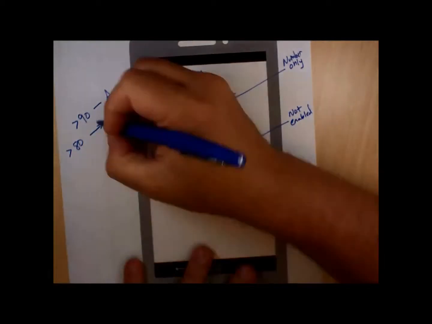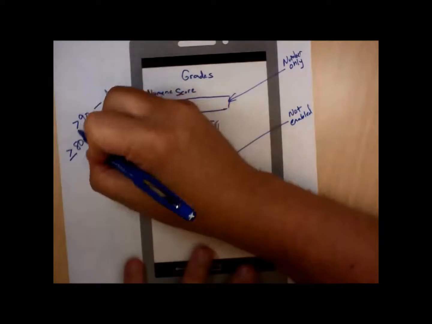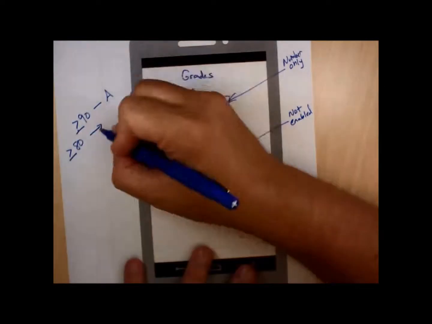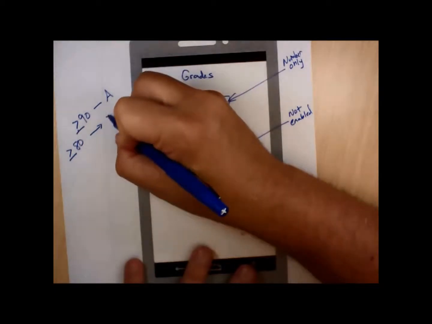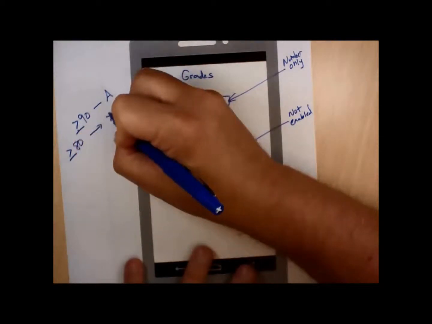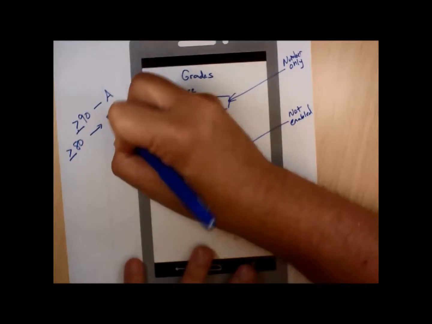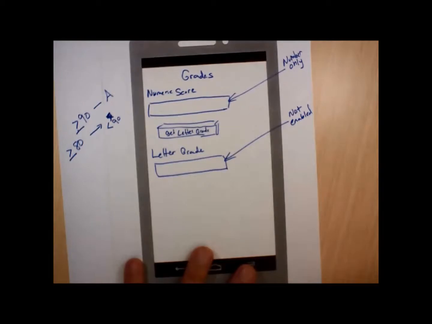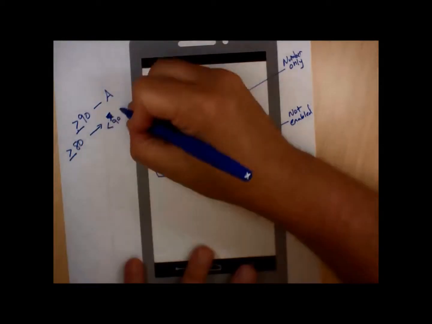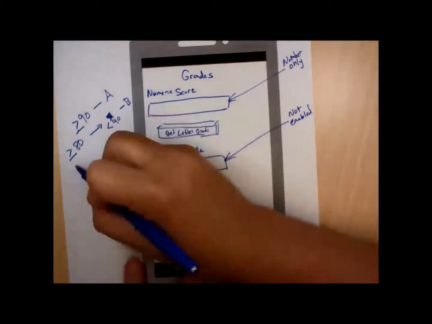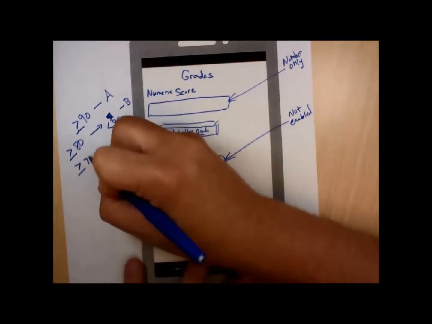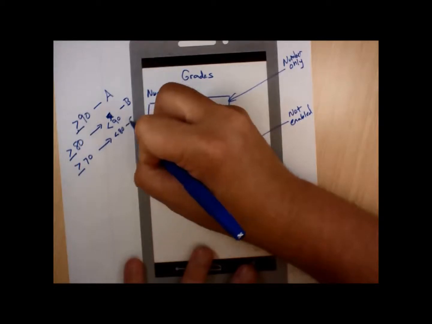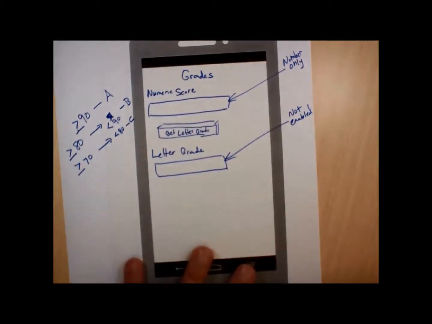So what I want to do is say it's greater than or equal to 80, because if they get an 80%, they get a B, but less than 90 is a B. And greater than or equal to 70 and less than 80 is a C, and so on.